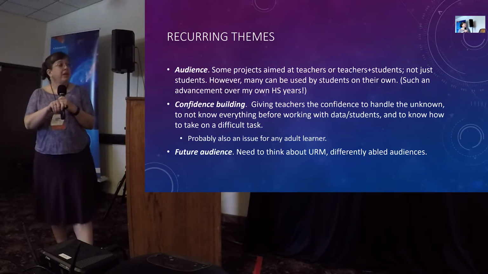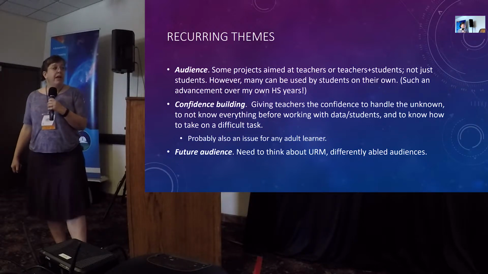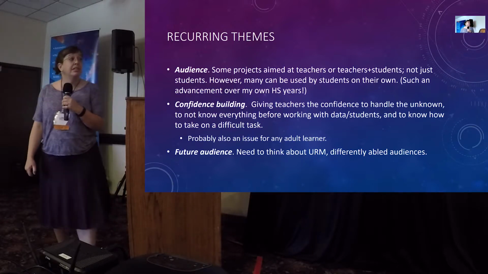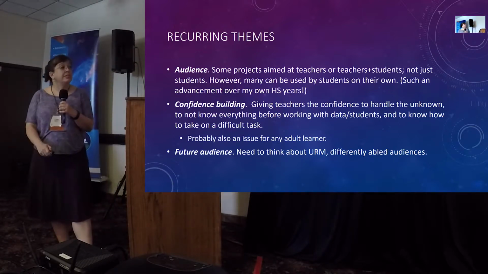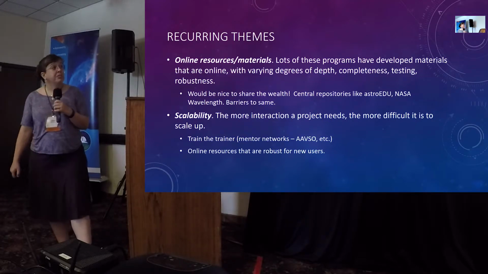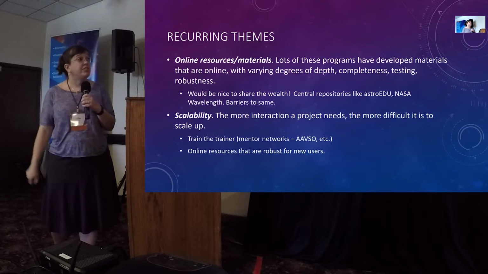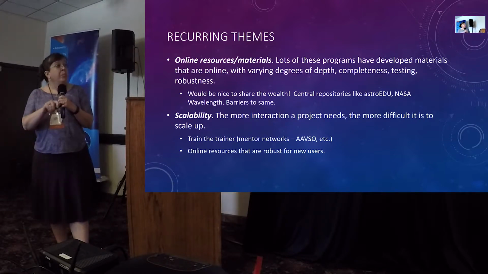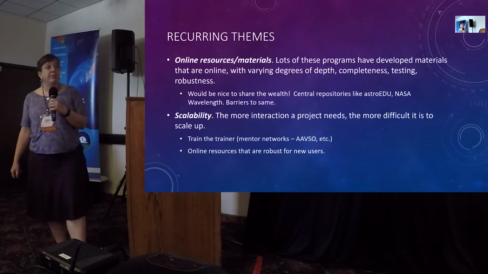I think in the future, we're going to need to think hard about how to make sure that the audience includes underrepresented minorities and differently abled audiences. Lots of these programs have lots of online resources and materials. They are of varying degrees of depth and completeness, varying degrees of testing and robustness, but it would be nice to share that information.